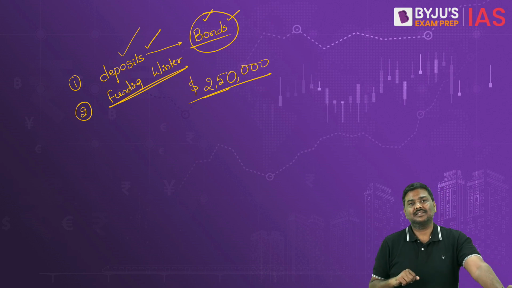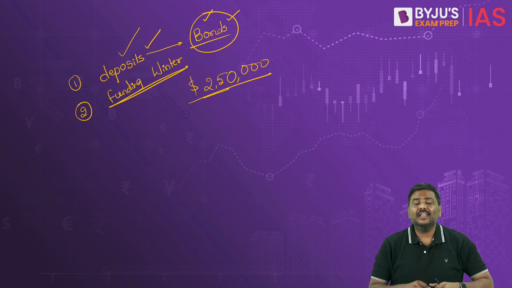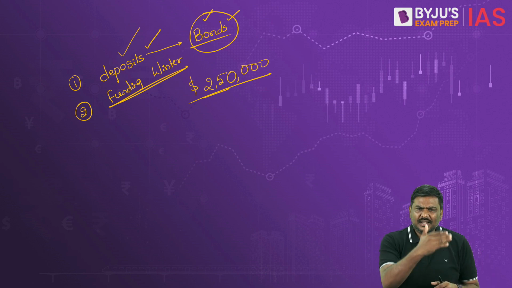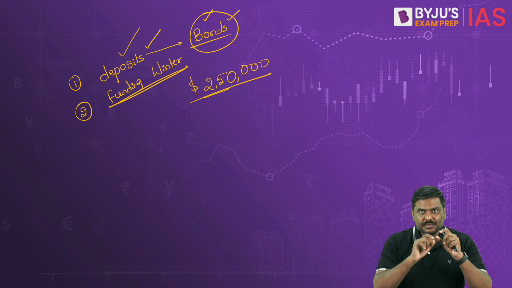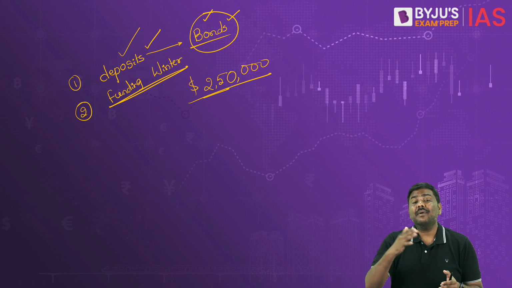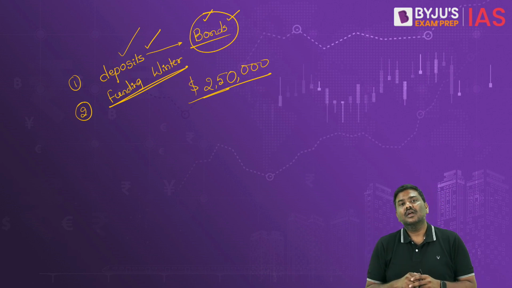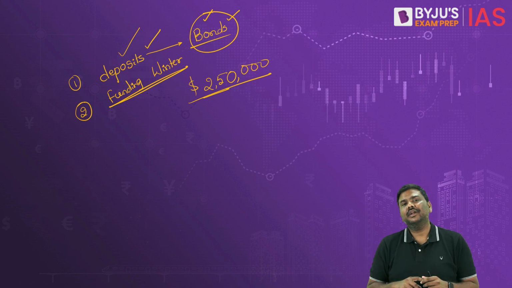So these are certain very important points regarding the collapse of SVB, that is Silicon Valley Bank, one of the largest lenders to the startup market in USA, and the impact of that in other countries.